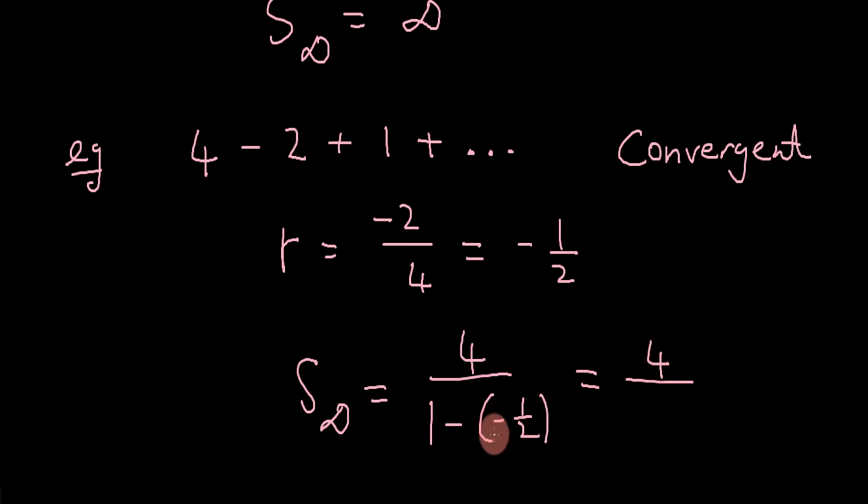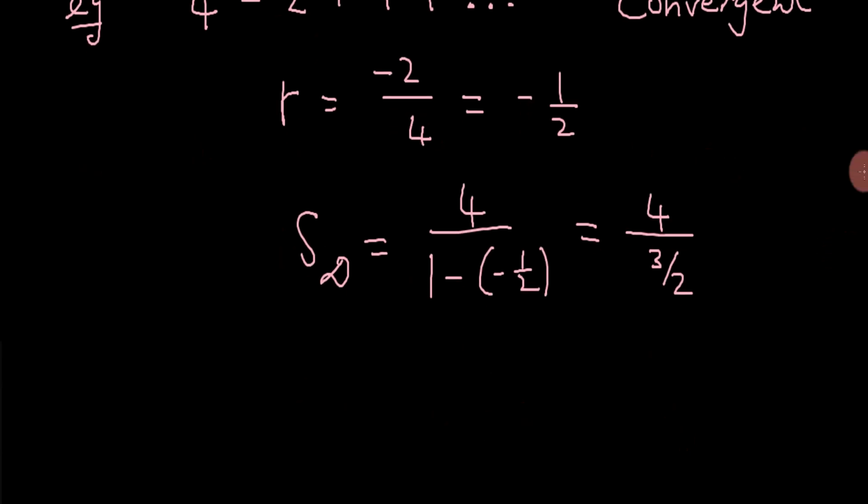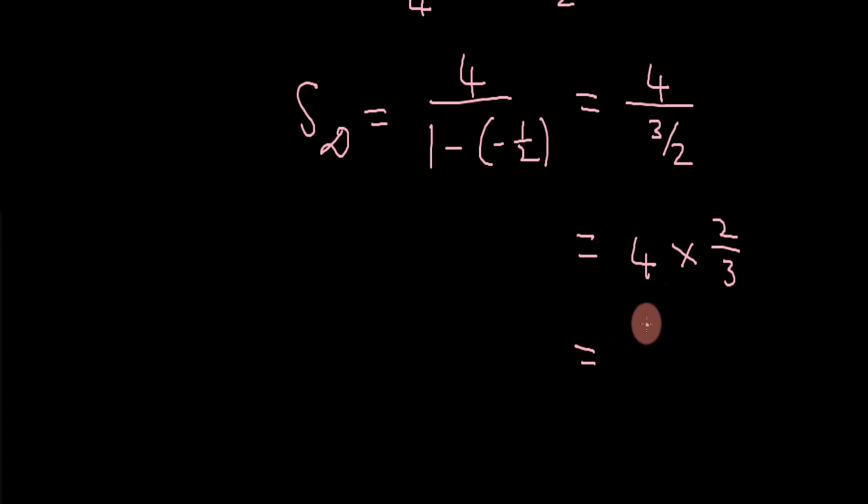So it's 4 over 1 plus a half, which is 1.5, or 3 over 2. And we can simplify this. It's equal to 4 times 2 over 3, which of course is 8 over 3.